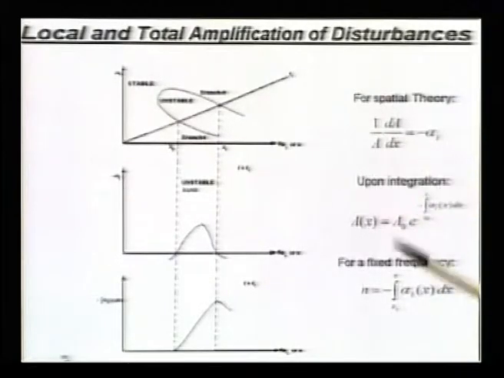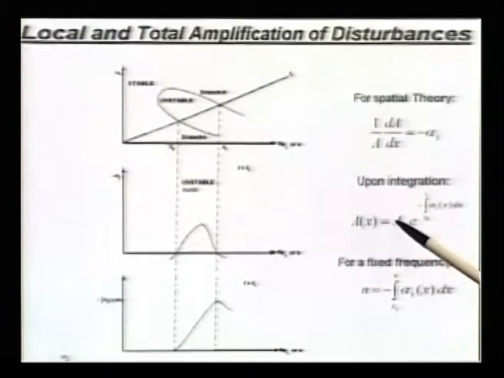What I have done is, I have gone from an initial station x naught to some current station x. At that initial station x naught, let me call that amplitude A naught. Then at the current station, I have the amplitude A of x.